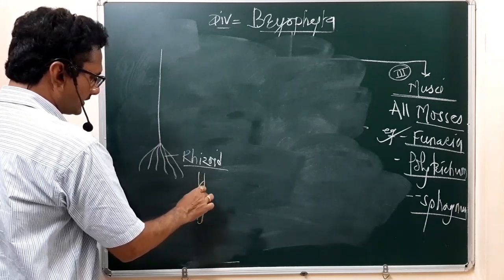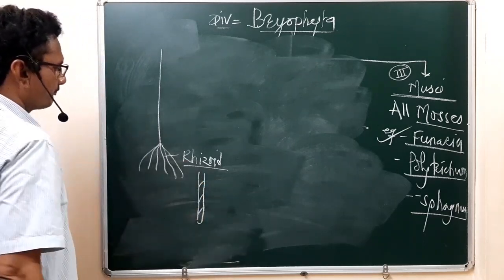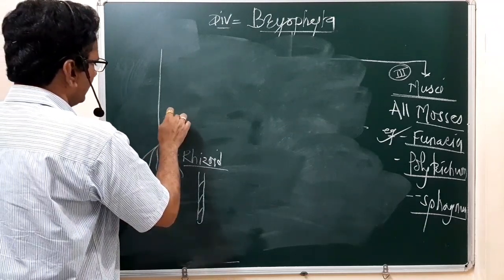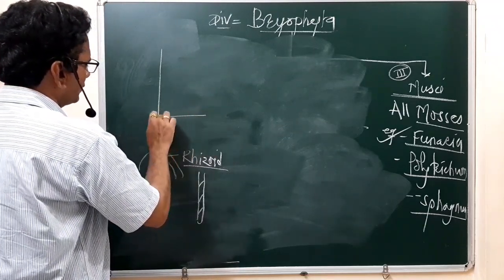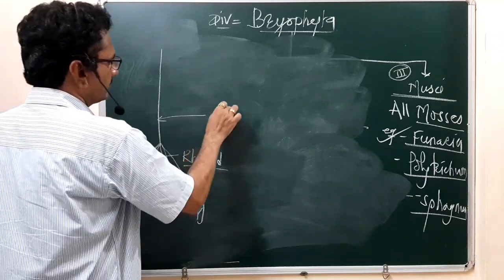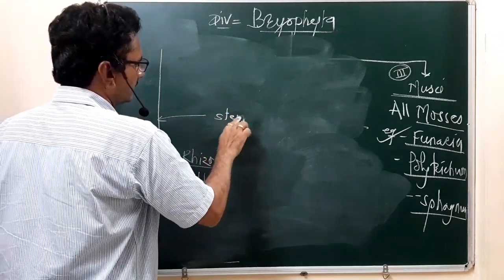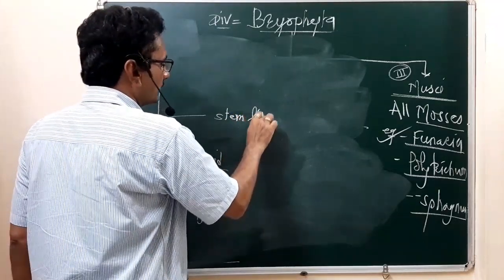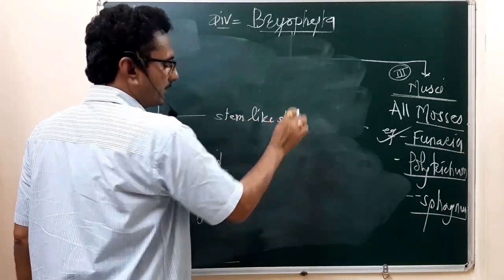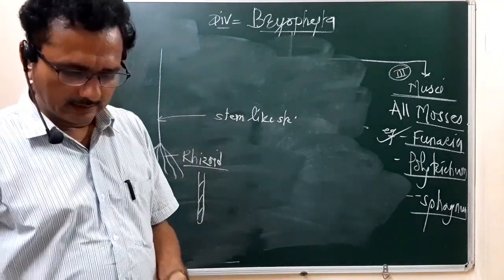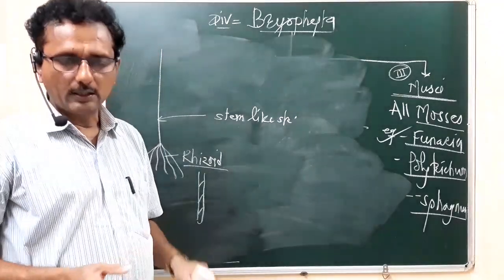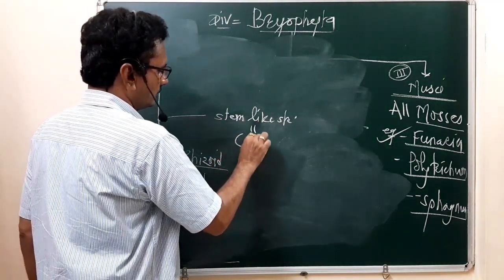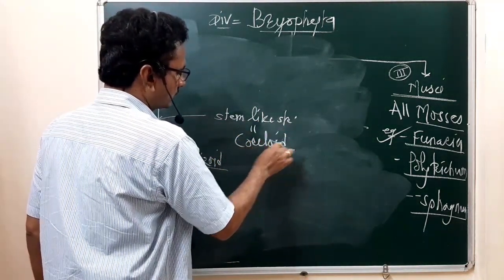Then they have the stem-like structure, which is also called a cauloid.